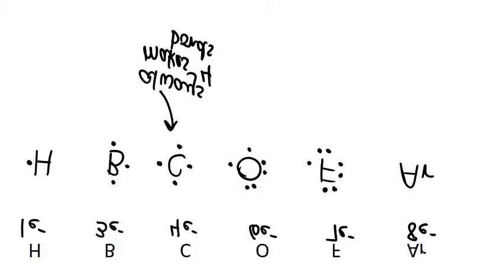Okay? Oxygen's got 6 electrons, and I want you to get in the habit of drawing oxygen atoms this way. You want to do 1 electron on each side to give you 4 unpaired electrons, and then fill in your extra 2. So when you fill in your extra 2 electrons, there's 1 and there's 2. And now oxygen has 2 unpaired electrons.